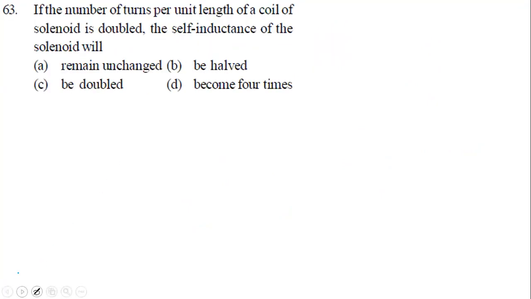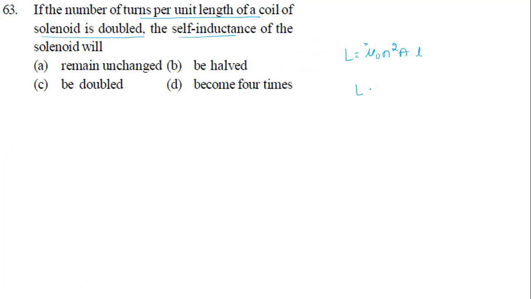Okay. Next. If the number of turns per unit length of a solenoid is doubled, then the self-inductance... What is the formula for self-inductance actually? Self-inductance is given by L equal to mu naught n square area into length, right?